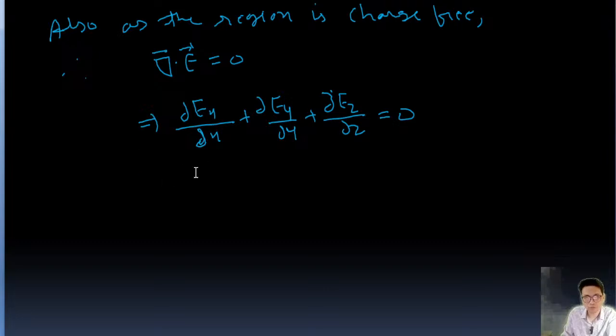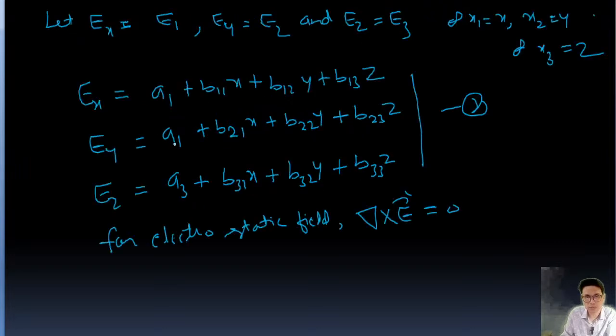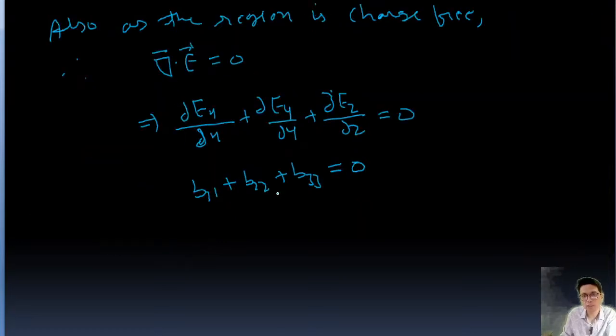So this gives B11 plus B22 plus B33 equal to 0.